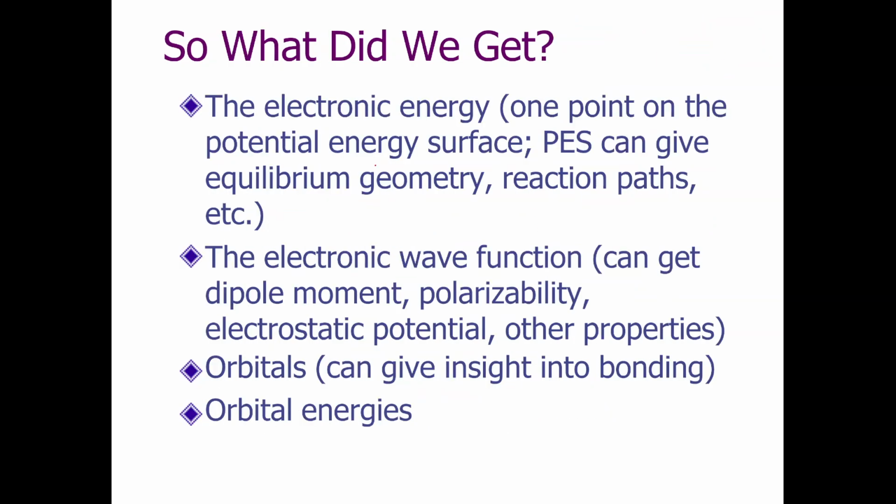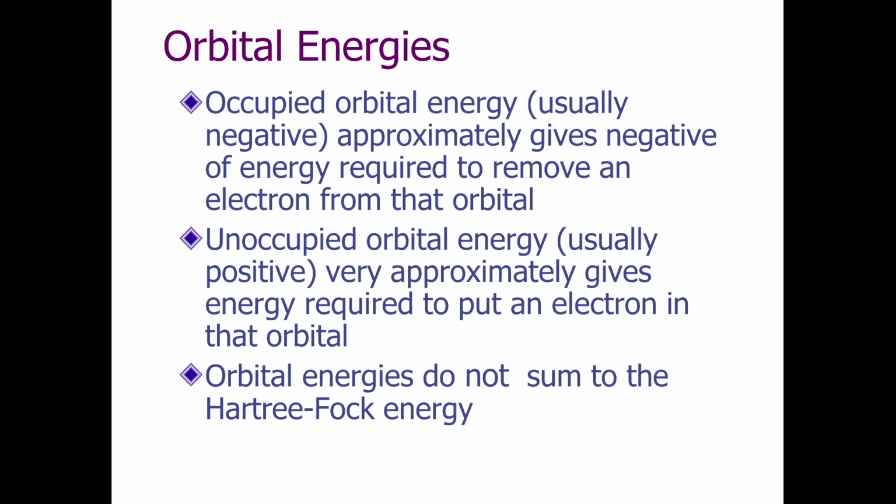So now we get actually the electronic energy or the orbital energies. We got the electronic wave function by which we can get the polarizability and the orbital energy. I'll discuss the orbital energies in more detail in the next class. The occupied orbital energy gives you the negative of the energy required to remove an electron.